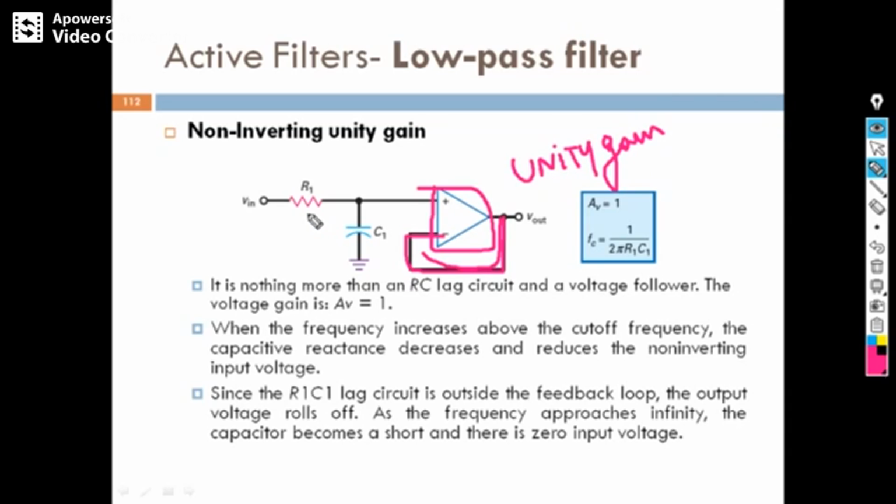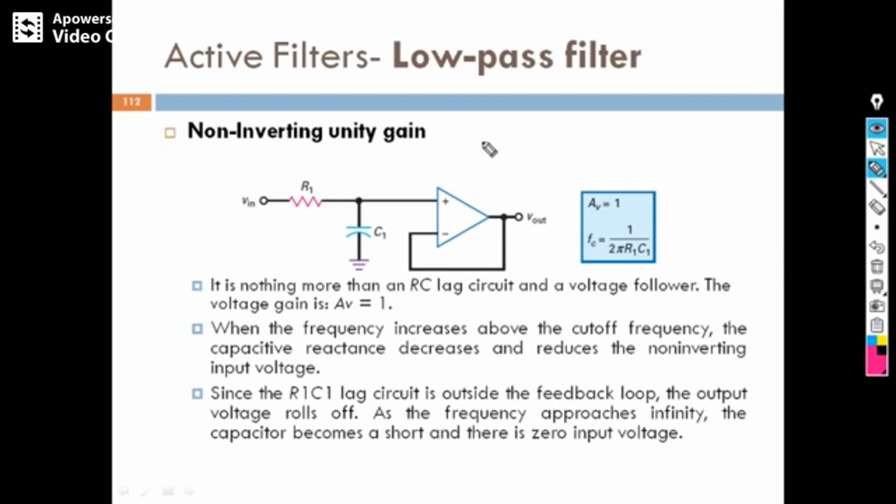Now here we are giving the input signal, which contains certain frequency components, through resistor R and capacitor C1 to the non-inverting terminal. Here capacitor C1 is connected in shunt, or in parallel. So now how does this work? We know what a capacitor provides.